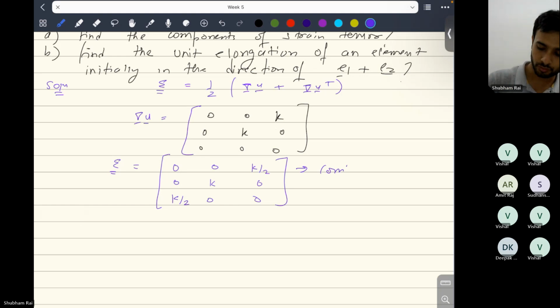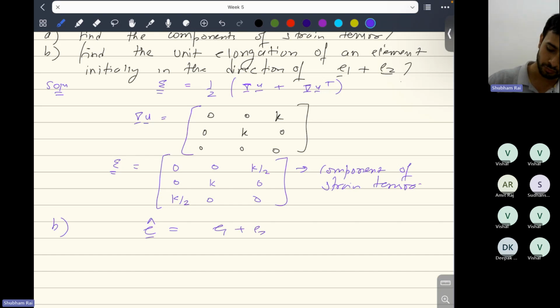So the components of the strain tensor you have found out. Now for the second part, you have to find the elongation of the element in this direction. Firstly, you need to find the unit vector along this direction, so that will be E1 plus E2 divided by its magnitude, which is root 2.